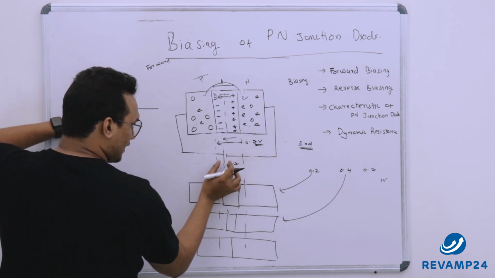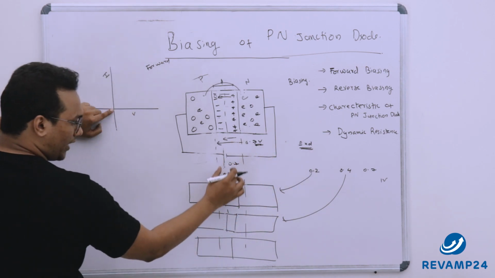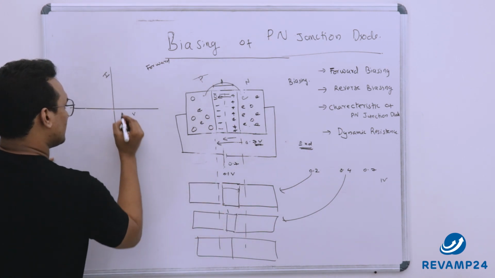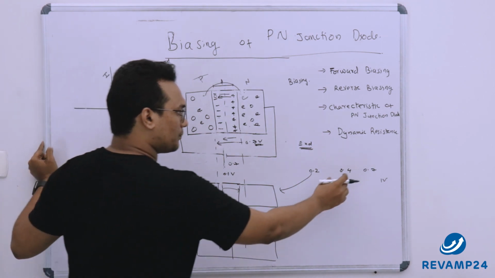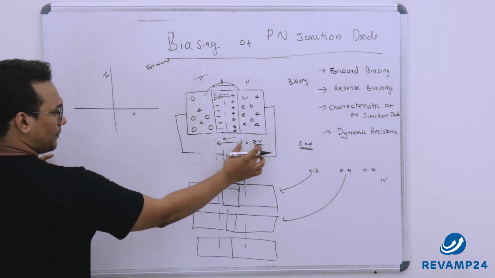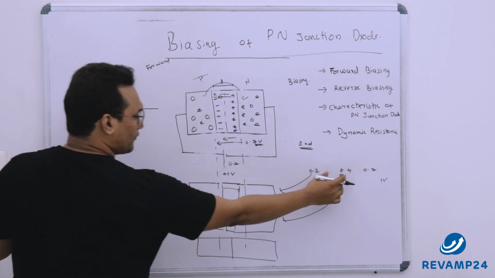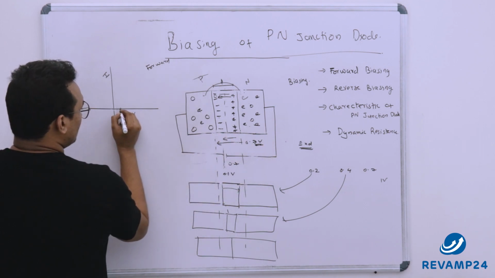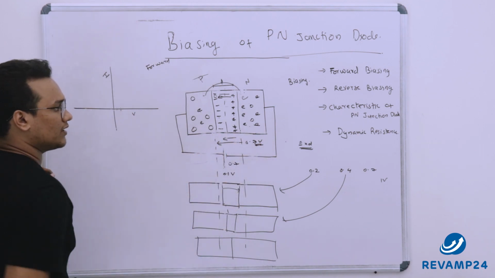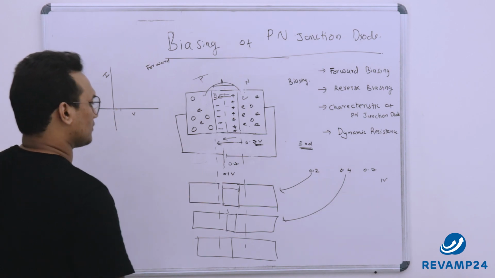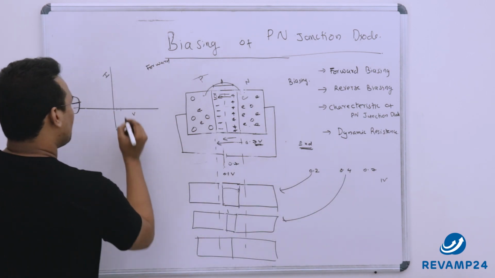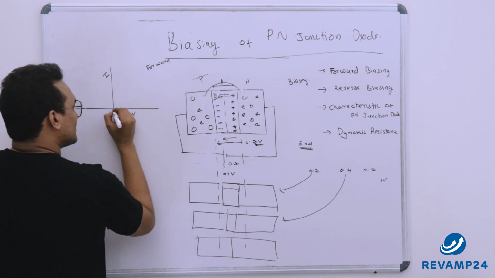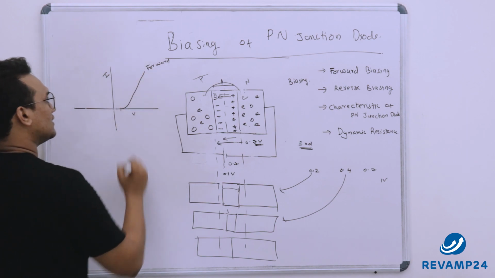I have increased the external voltage to 0.2 volt, but what it has done is decrease the thickness of the depletion region, but there is no current. With 0.4 volt, again the barrier potential is 0.7, so 0.4 is not enough to overcome the opposition offered by 0.7, no current is still there. At 0.7 also current is 0, but after 0.7 the current started increasing. So I can say this would be the graph.